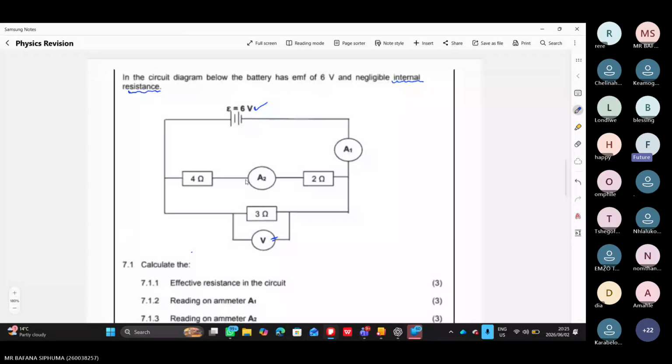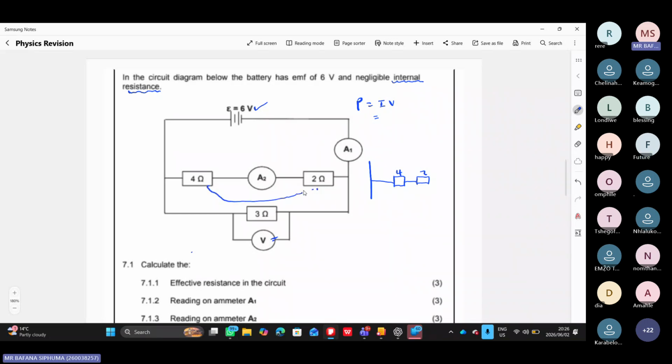My question is, are we not going to use a different voltage from 6 because 4 ohm and 2 ohm are in series? Okay, sir, the resistors that are in series are going to give off different voltages. The one from 4 will be different from the one from 2, but all together they will have 6.